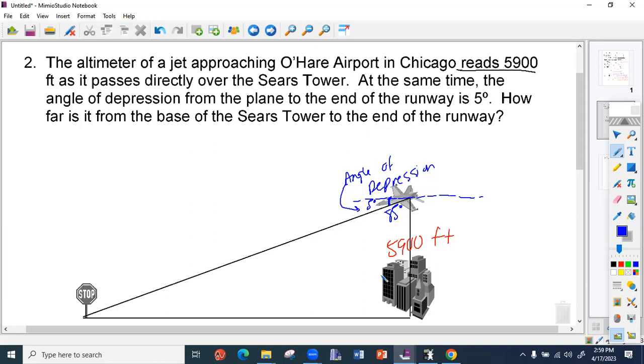Okay. So now I've labeled everything. I took all the information from the problem. It's asking us how far is it from the base of the Sears Tower to the end of the runway. So we're looking for this distance. Related to our given information, what are we looking for?